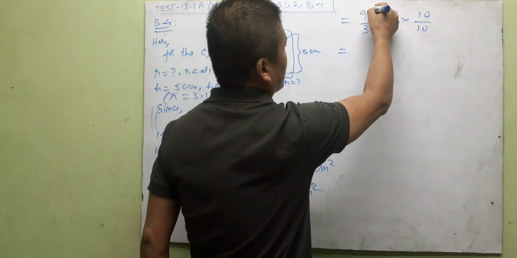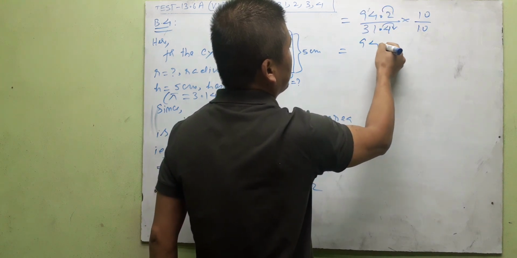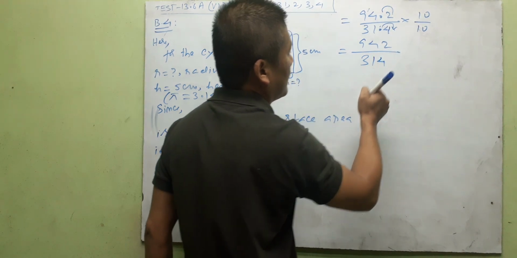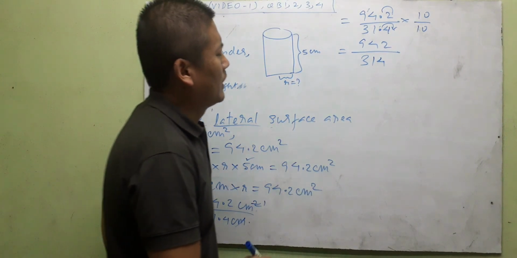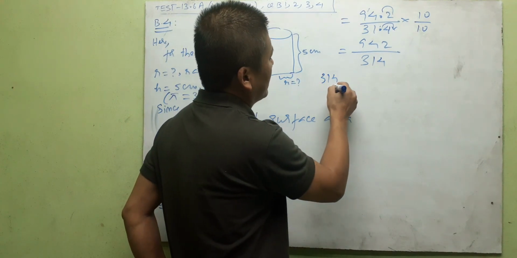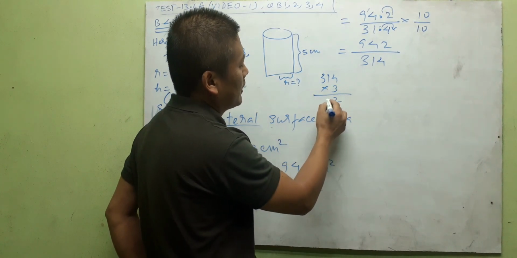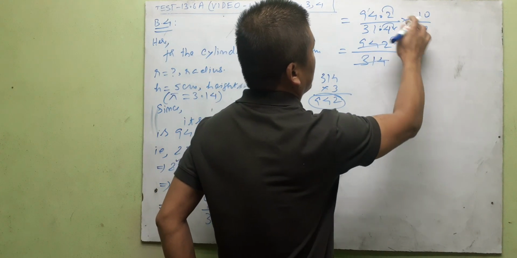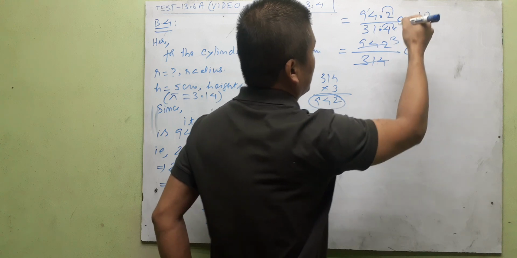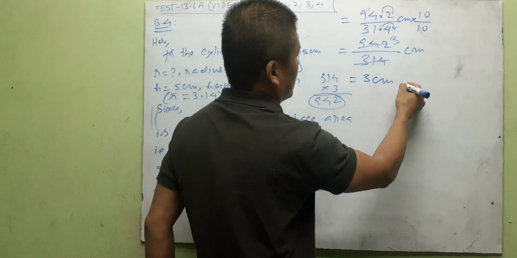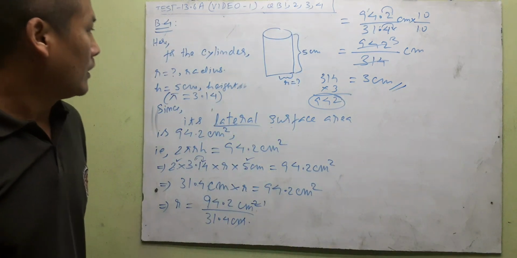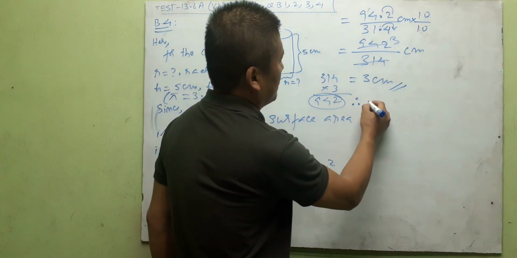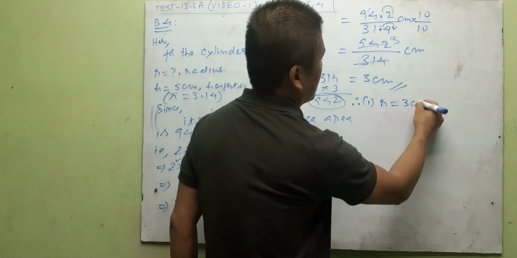So 942 by 314. I think 314 into 3 will go directly. 3 4s are 12, 3 1s are 3, 4, 3 3s are 9. See, exactly going. 314 into 3, and centimeter, let us not forget. So this is 3 centimeter. That is the first answer, radius. So number 1, we found the answer: r is equal to 3 centimeter.